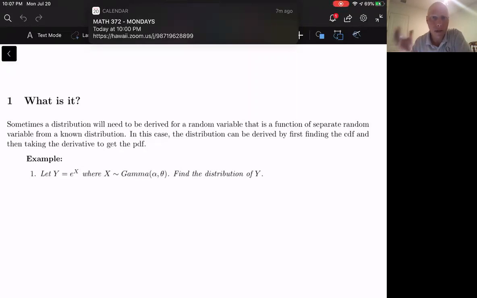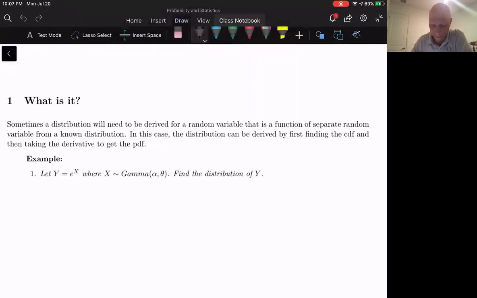Anyone remember? Do you remember the relationship between a probability distribution function and a cumulative distribution function?